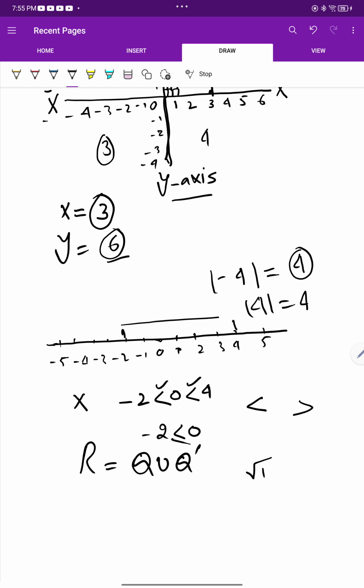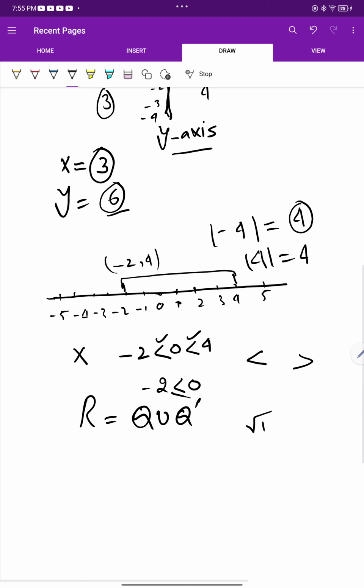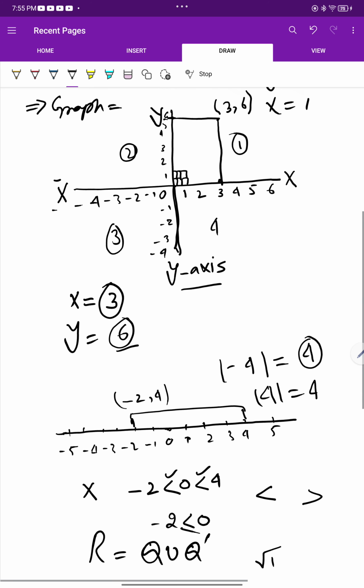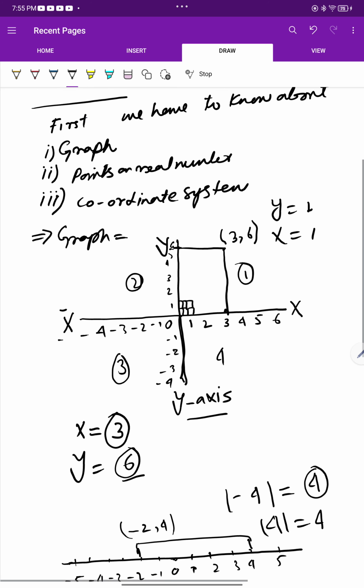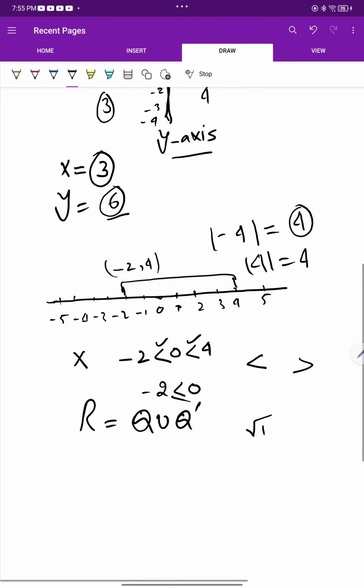So this is your distance. Distance can never be negative, so we use absolute value. So these are the real number line, coordinate system, points and graph. Now you understand this.